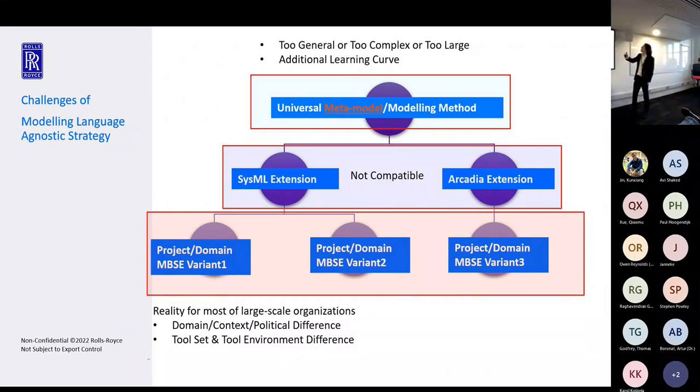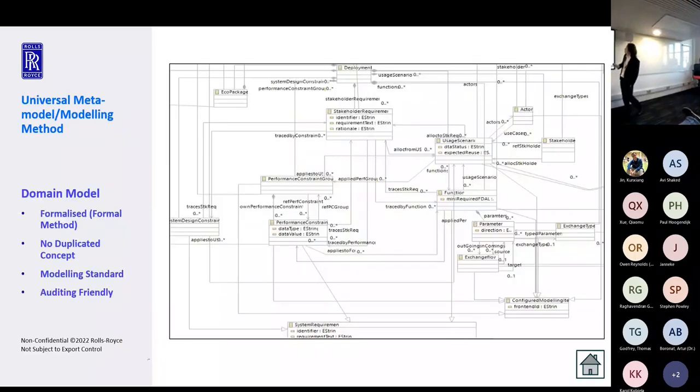Or it's too complex, too detailed, and the model is too large. You also introduce an additional learning curve, so on the tooling side we will talk more about how we handle that. That's just one very small chunk of our meta model for the universal modeling method, and that part is defined based on our engineering stage.